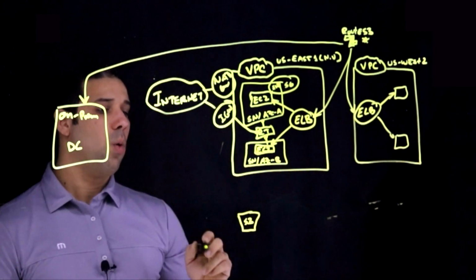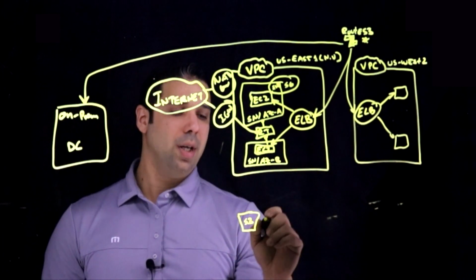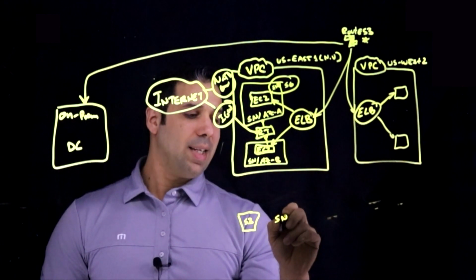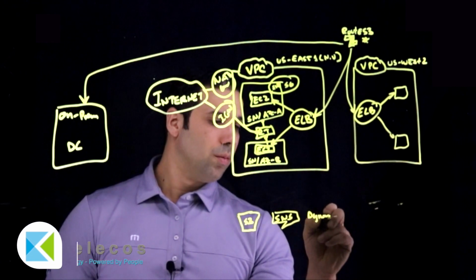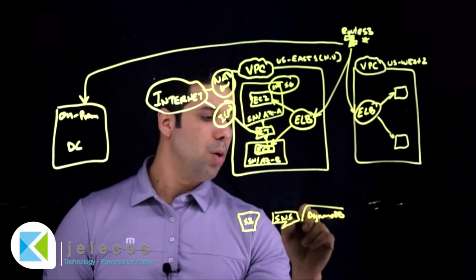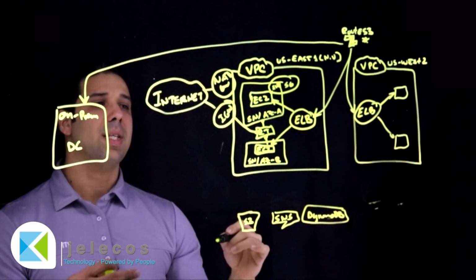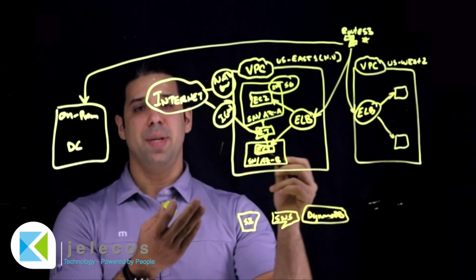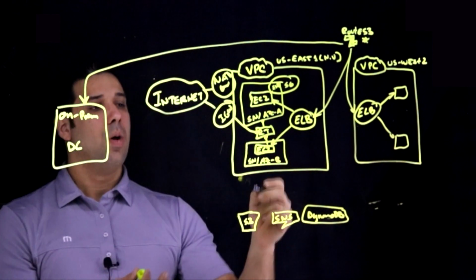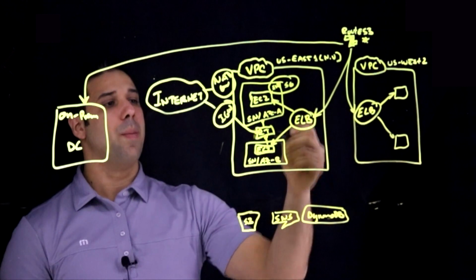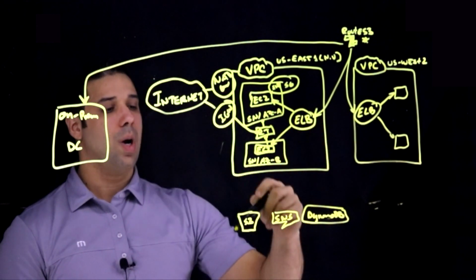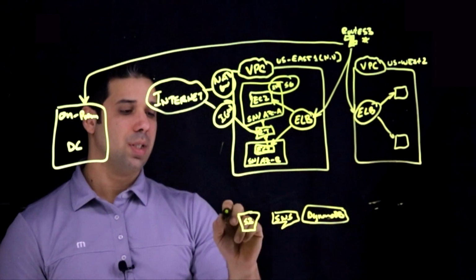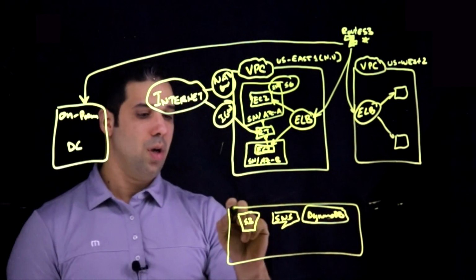I would like to point out one thing here. S3, like SNS Topic or DynamoDB, those are AWS services outside of my VPC. And by default, my EC2 instances inside my virtual private cloud need to access the internet in order to access the AWS services outside the VPC.